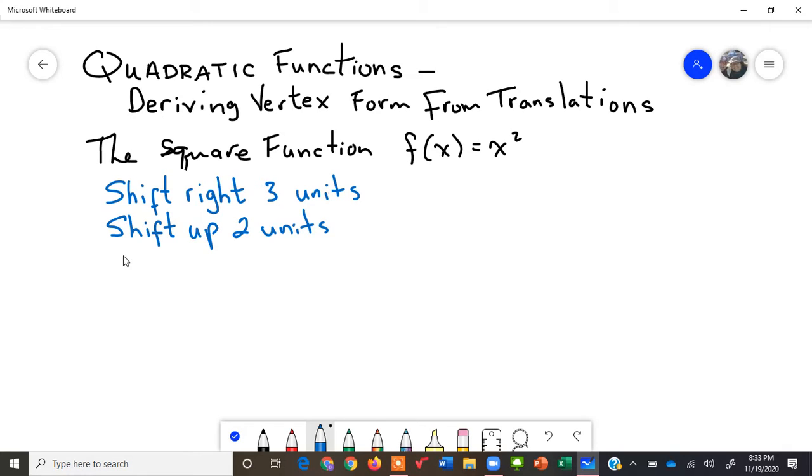I want to make it fatter, or have it increase more slowly, by multiplying it by 1/3. This will have it increase 3 times more slowly. And then I am going to make it negative so it opens upside down. So I want it to open down.